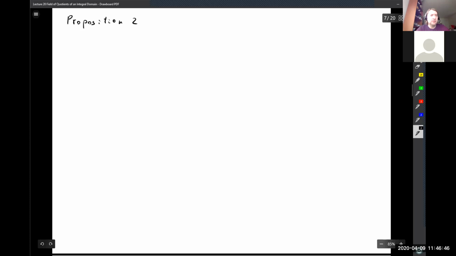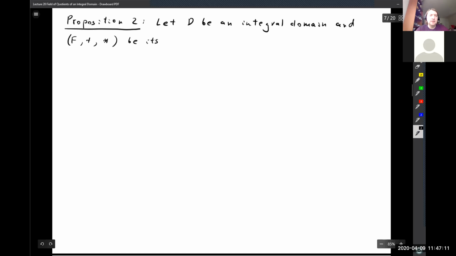Proposition 2. Let D be an integral domain and F star be its ring of quotients. Then F is a field.